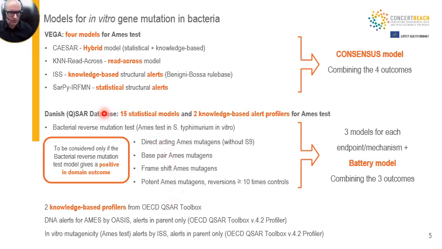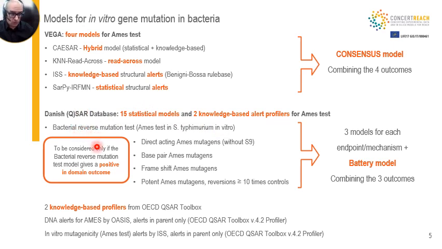Plus, in the DanishQSAR database, there are also the so-called battery models, which are consensus models, for the main endpoint, which is the one we'll use today for our case study, and a battery for each mechanism of action, each battery model summarizing the results of the 3 statistical models for each endpoint and mechanism.